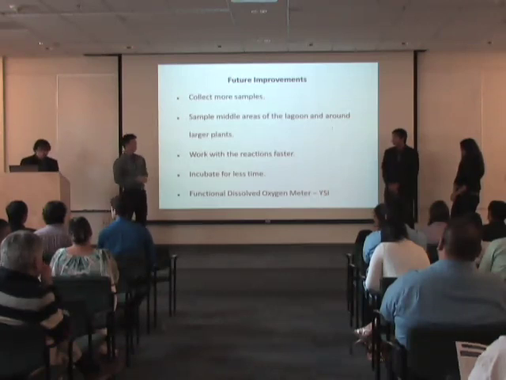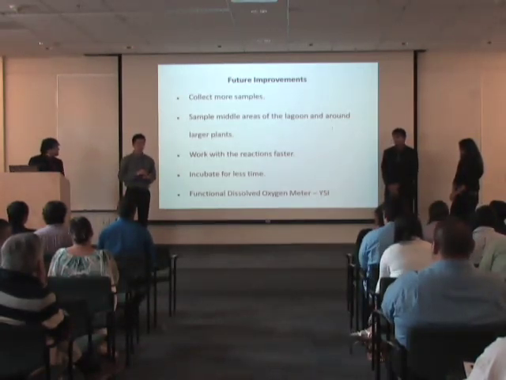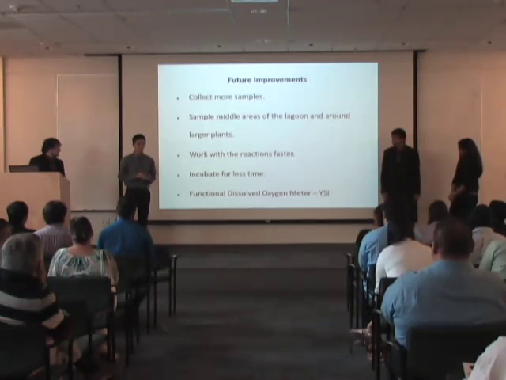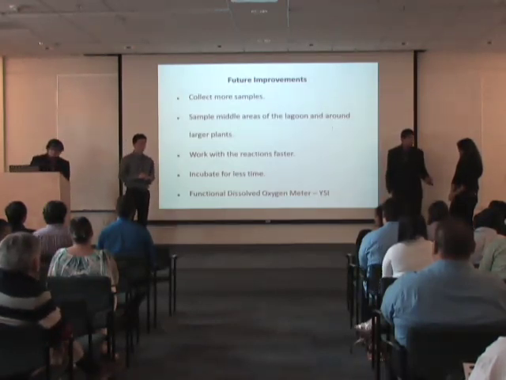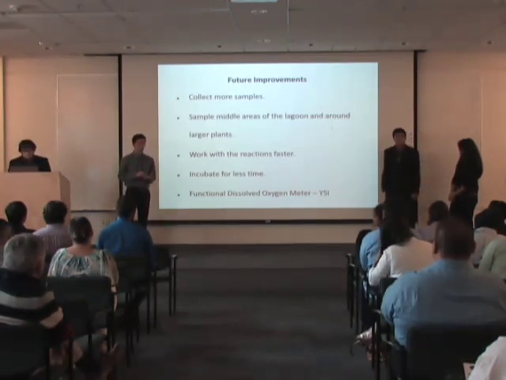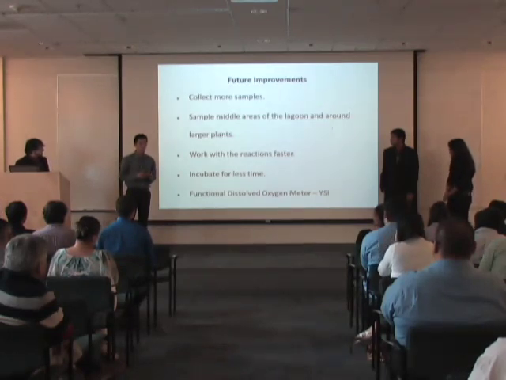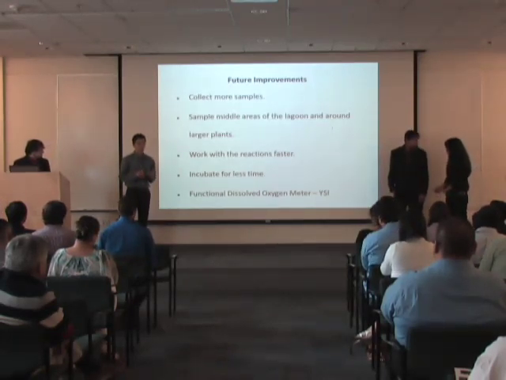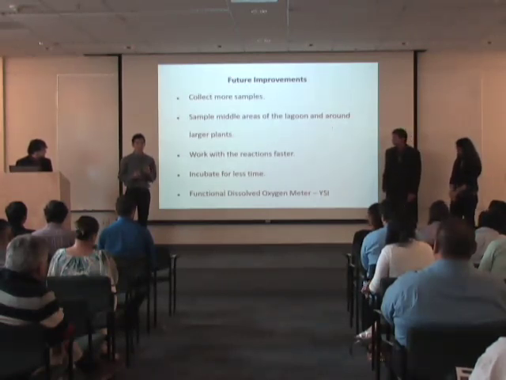To work with the reaction faster, we need to precap the bottle immediately after we put on the reagent so that less oxygen escapes. We also want a shorter incubation period, so that less oxygen is lost due to overproduction of oxygen. If we have functional equipment, we can compare our calculation with the oxygen reader result to make our results more accurate.